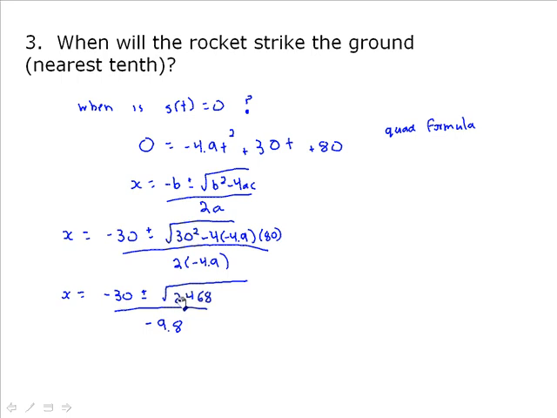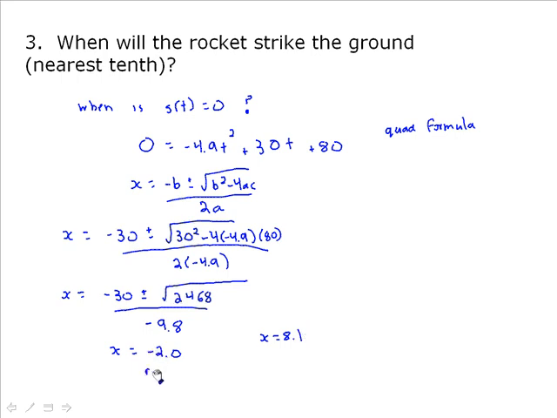So the one answer we get is x is equal to negative 2.0. And then the other one is based on negative 30 minus the square root of 2468, divided by negative 9.8. In doing that, you end up getting 8.13, which I guess to the nearest tenth would be 8.1. So x equal 8.1, and that's the one we want to keep.